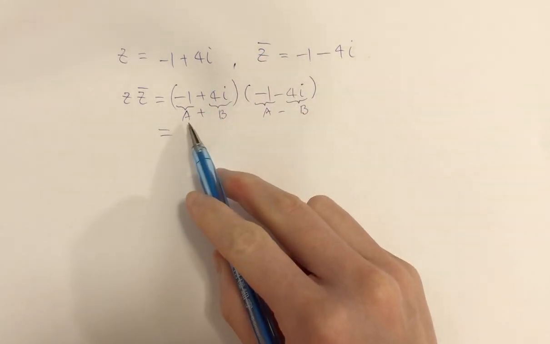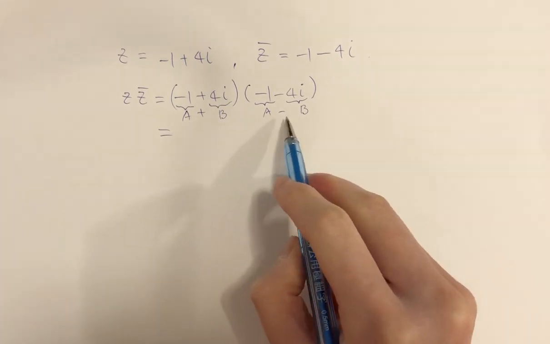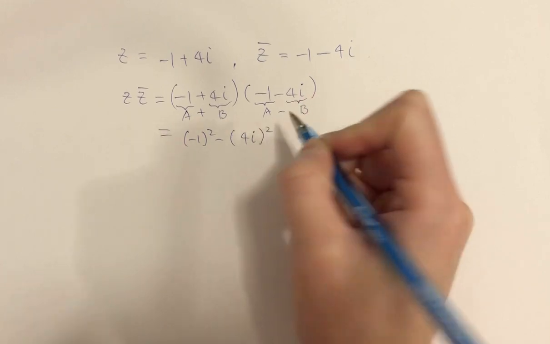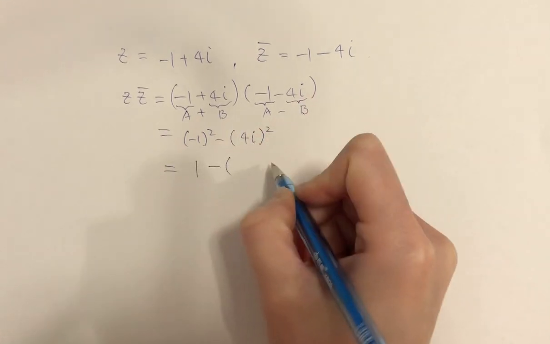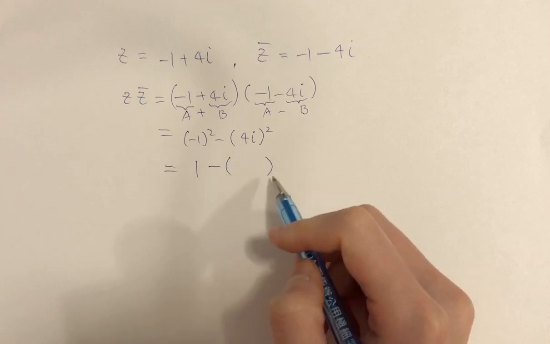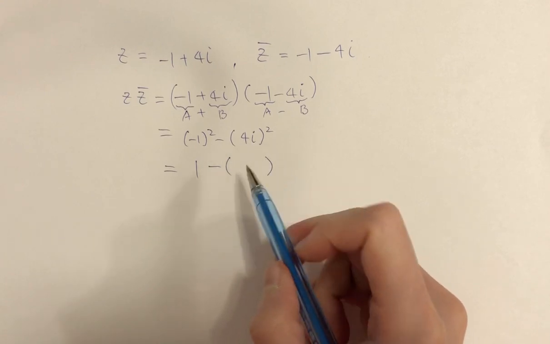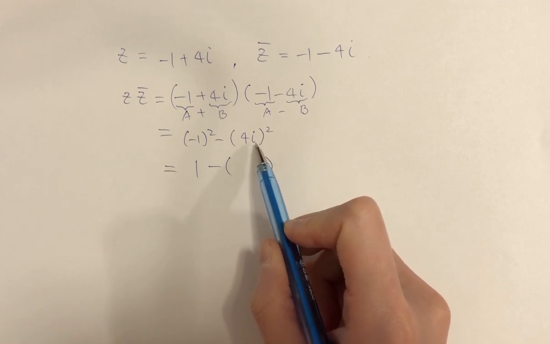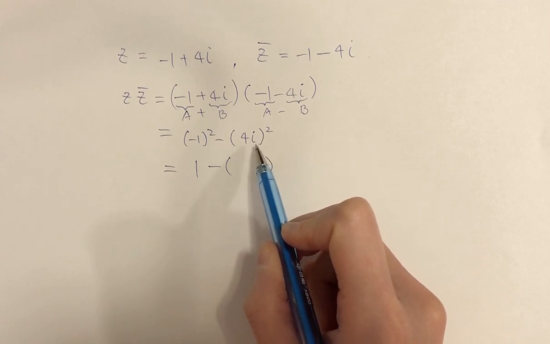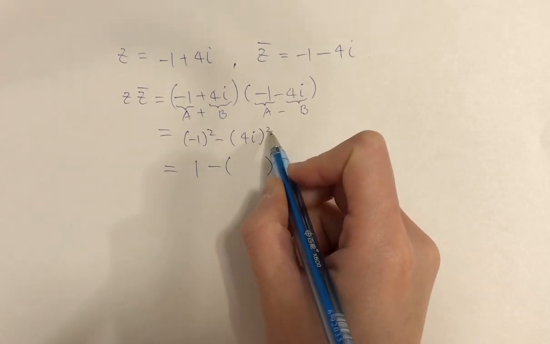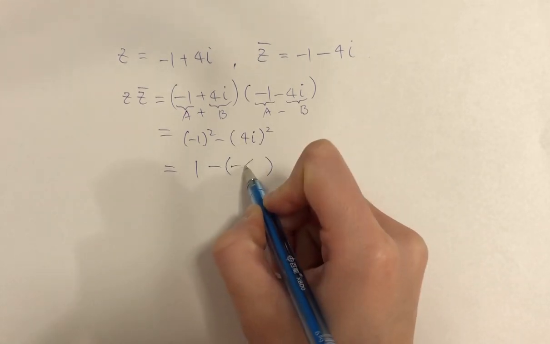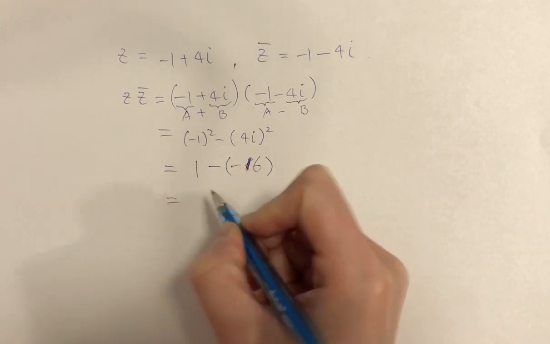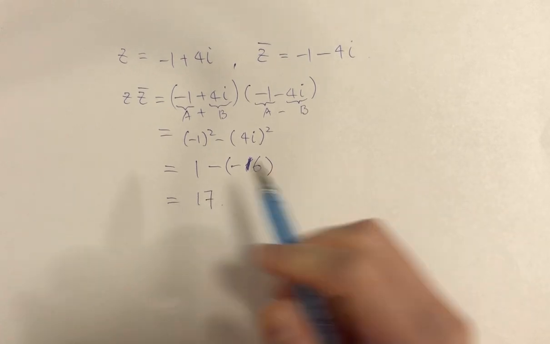So I can use the formula a squared minus b squared. So it's (-1) squared minus (4i) squared, which is 1 minus, I like to put a parenthesis so that it's safer to deal with the negative sign that comes out from i squared. So i squared is -1, so it's minus (-16). So that's 17.